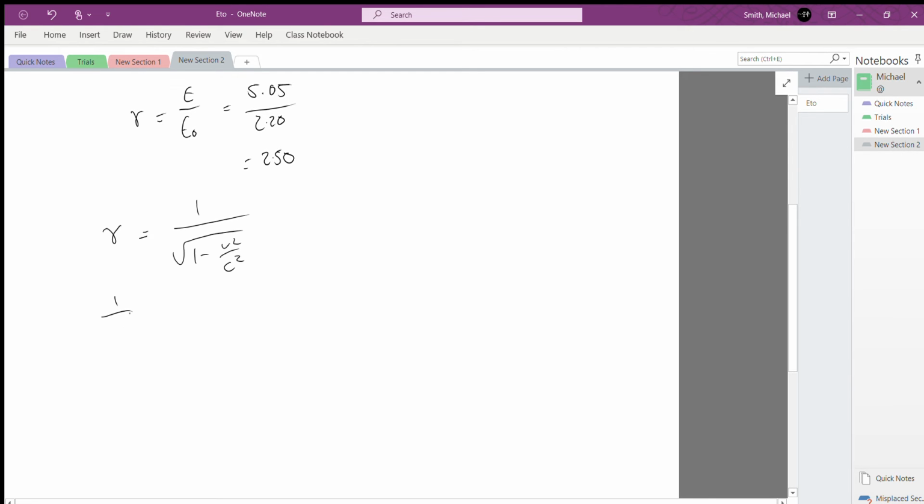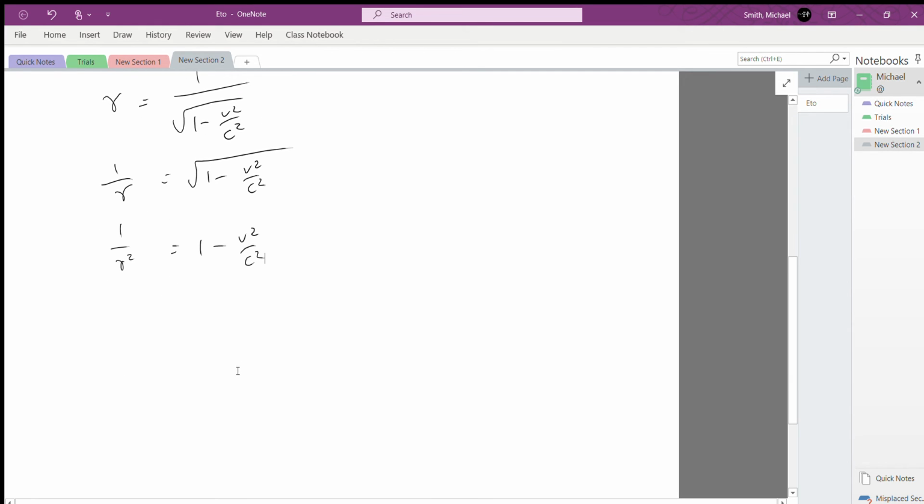So we can first move the square root onto the other side to get this expression. Now we can just get rid of the square root, so that'll just be 1 on Lorentz factor squared is 1 take v squared over c squared.